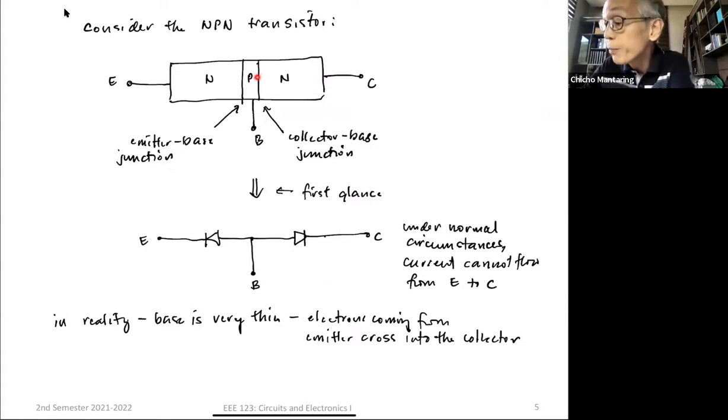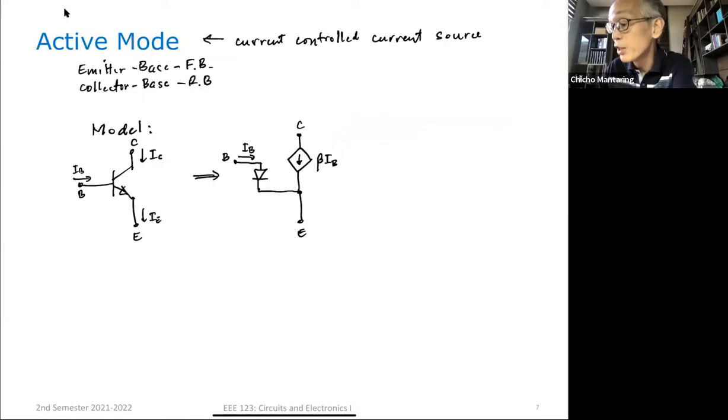If you have electrons flowing to the right, that is current flowing to the left, because current is defined as flow of positive charges. So that's what we're describing in this model. This is the base emitter diode, and the electrons flowing this way constitute a current flowing the other direction, where the value of that current is a constant beta multiplied by IB. So beta is a parameter of the transistor.